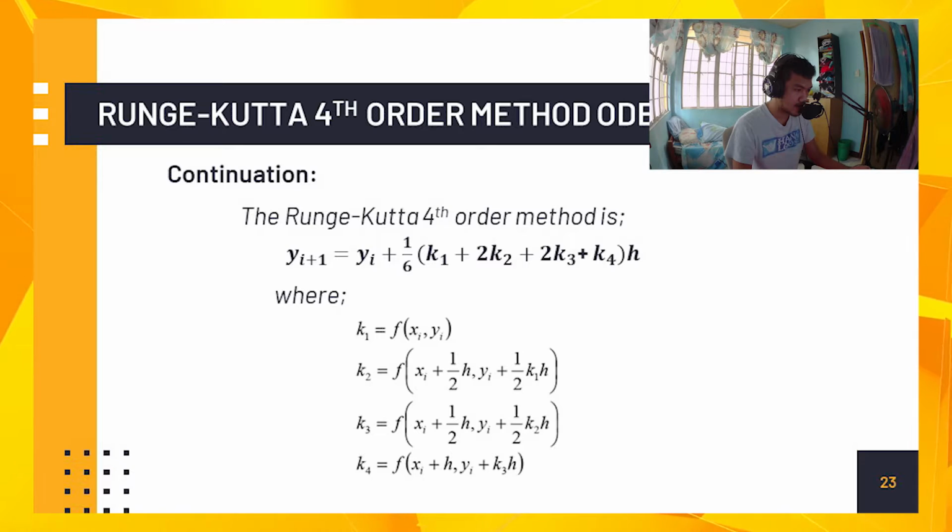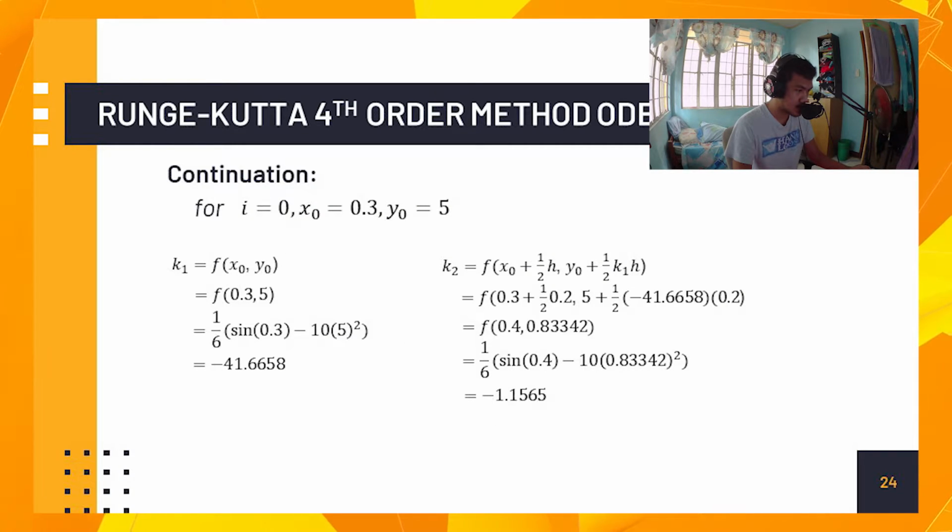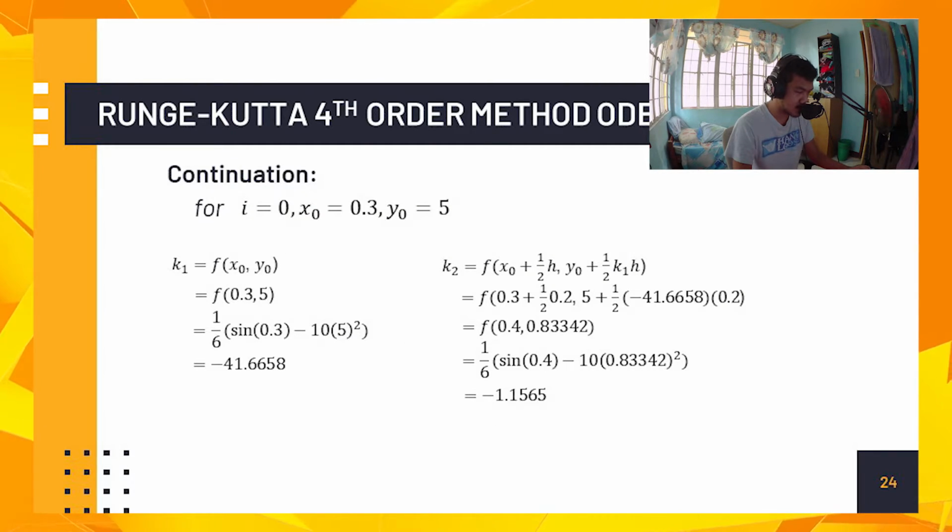So you will have a value for i which is equal to 0. x sub 0 is equal to 0.3. y sub 0 is equal to 5. So substituting that into the equations, starting off with k sub 1, which is f of x sub 0 comma y sub 0.